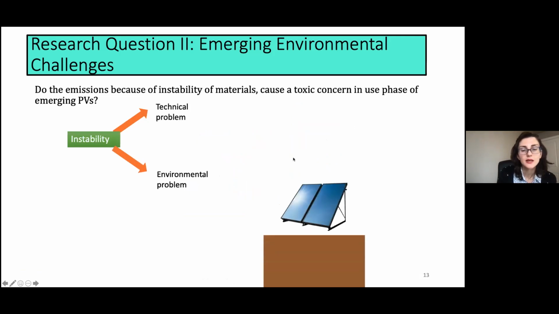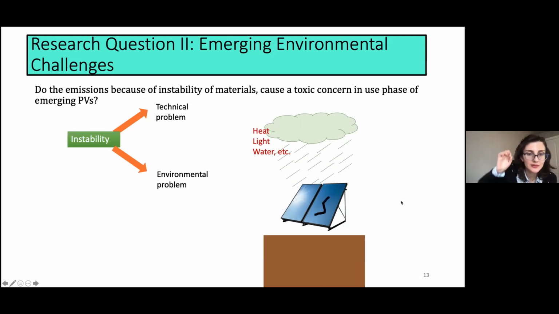How is that? So let's say you have this perovskite solar panel in your garden, and it is exposed to heat, light, water every day maybe. And then let's say you have a little crack on the surface of your PV panel. In this case, you'll end up releasing some of the toxic metals into your soil, let's say.